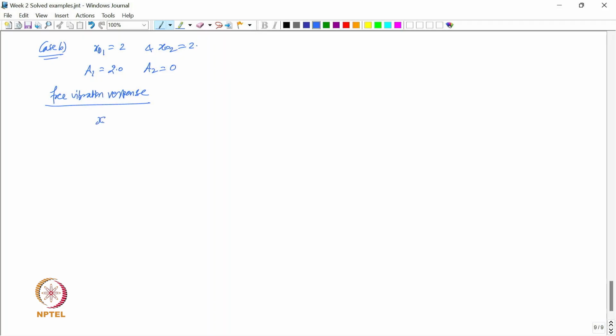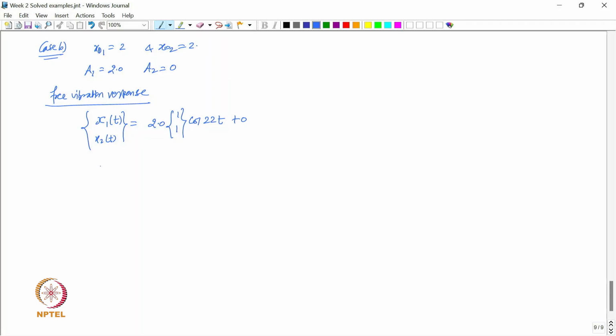right, then I have x1(t), x2(t), right. So, A1 is 2, correct, and then we have the first eigenvector which is [1 1], and then you have cos 22 t, right, and then A2 is 0, and of course B1 B2 are anyway 0.